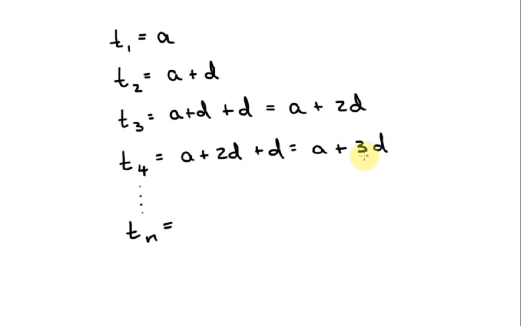Well, I think I'm going to have A, plus a certain number of common differences, and how many? Look over here. When it was the fourth term, we had 3 common differences. When it was the third term, we had 2 common differences. So here's how many common differences we have: n take away 1. And guess what? This is the formula for an arithmetic sequence.